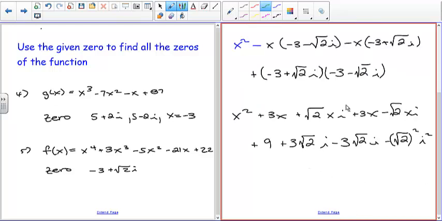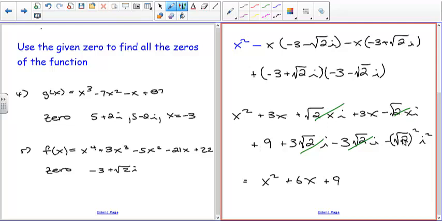Okay, let's do some canceling out here. That cancels out with that. This cancels out with that. So what you're left with is x squared, 3x plus 3x is 6x, plus 9 here. And here you're going to have the square root of 2 squared, which is 2.